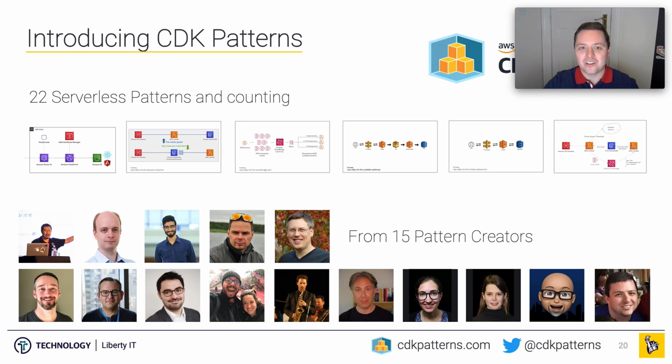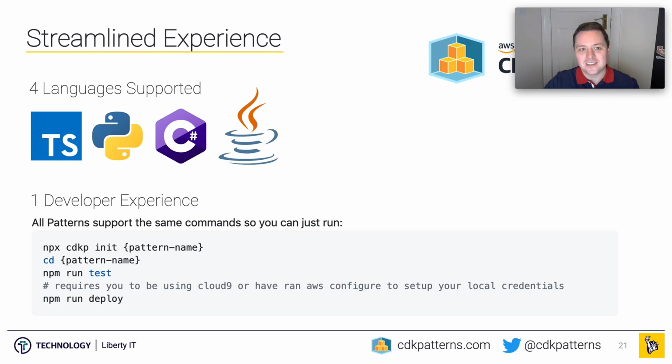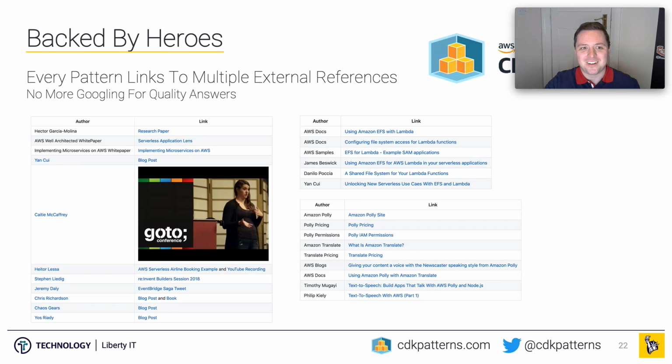We still have where they came from, but the difference is that now they're all in one place and we have a streamlined experience. So it doesn't matter if you're a TypeScript developer, a Python developer, a .NET developer, or a Java developer, you can just come in here, clone a pattern, run the tests, and deploy it. Now, full disclosure, the Java is still in a pull request, but hopefully I can get it merged soon.